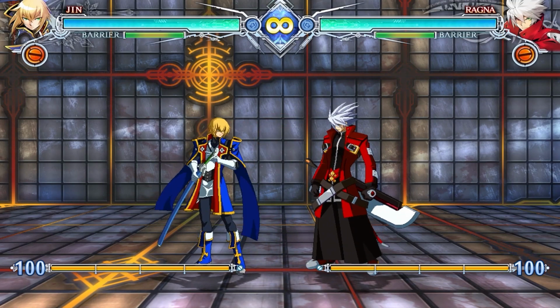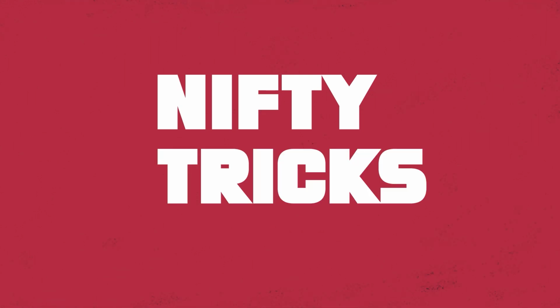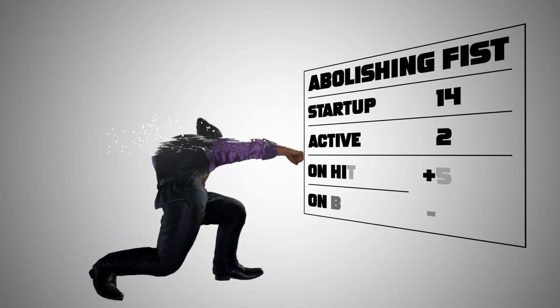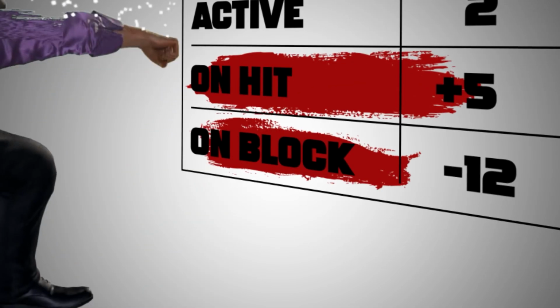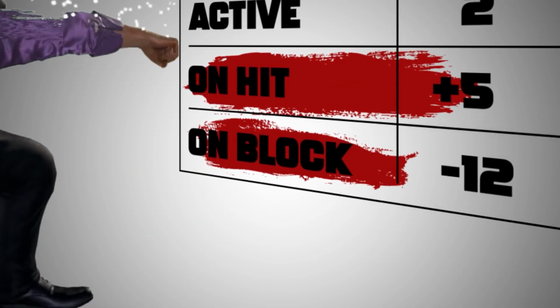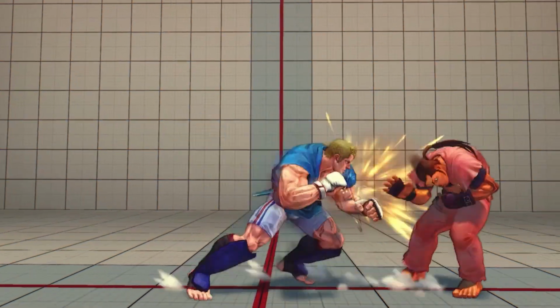Fighting game communities have luckily adapted a couple of nifty tricks to make these interactions more easily understandable. Firstly, when moves are listed in frame data tables or apps, they already have pre-made listings for on hit and on guard.